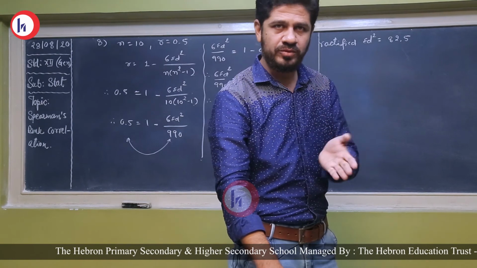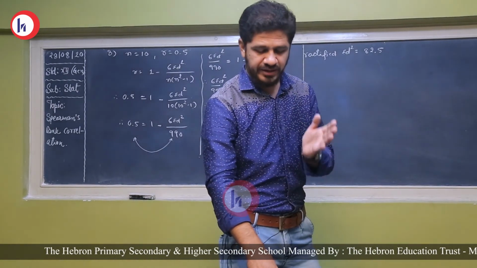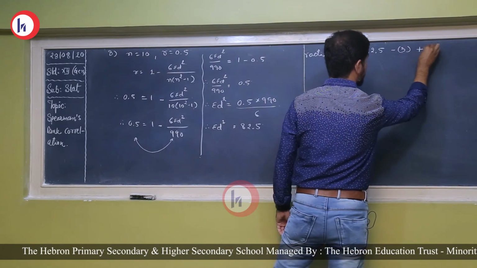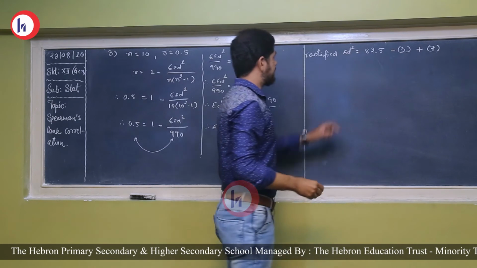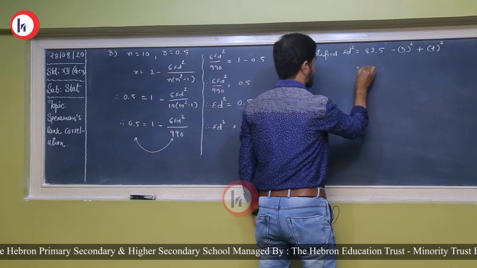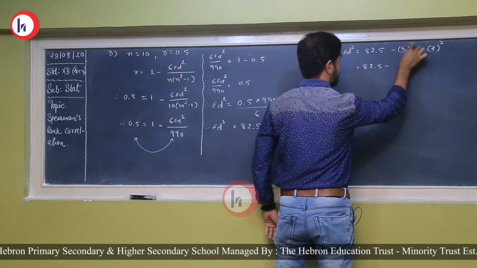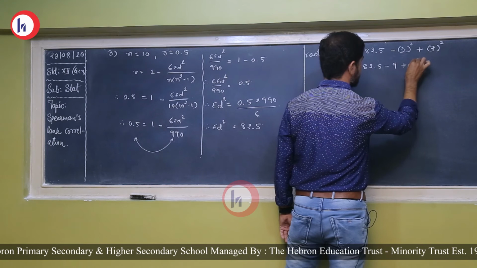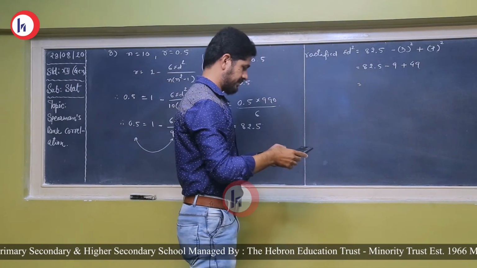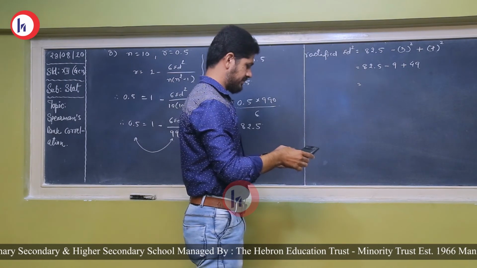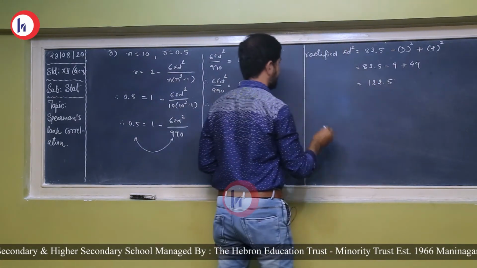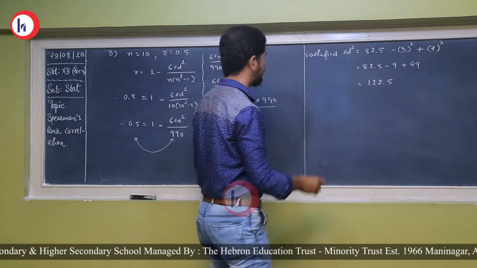So 3 is the wrong one and 7 is the correct one. We subtract the wrong one and add the correct one, but it is square, so 3 square and 7 square. Now 82.5 minus 9 plus 49, we will get 122.5.